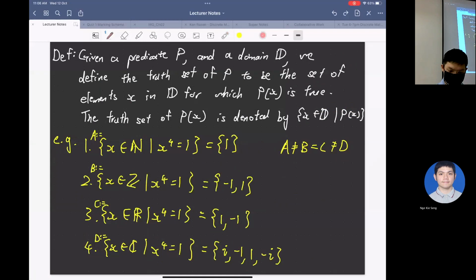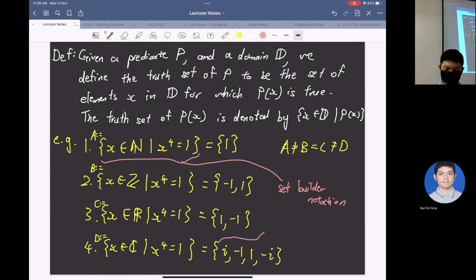Set builder notation. I think they refer to something like this. The listing one, they call it the roster method. Okay, set builder notation.